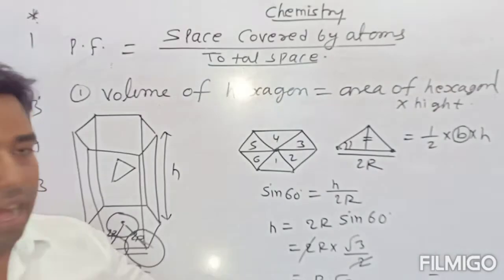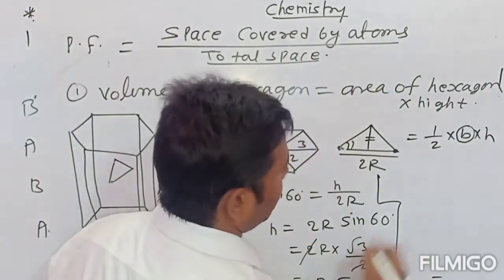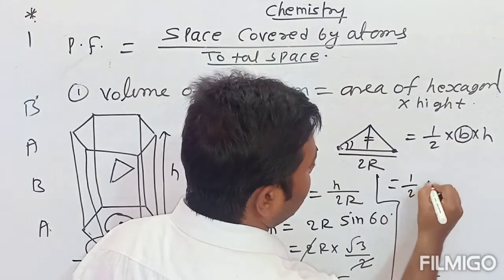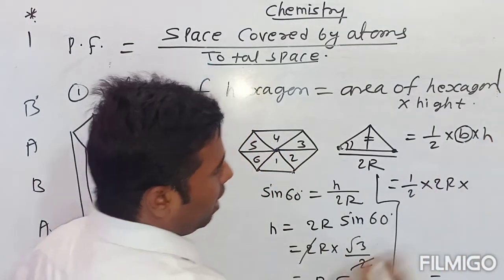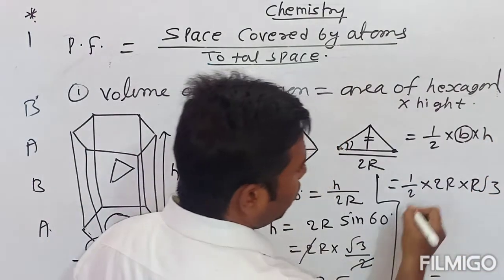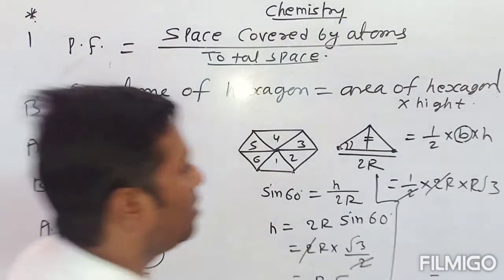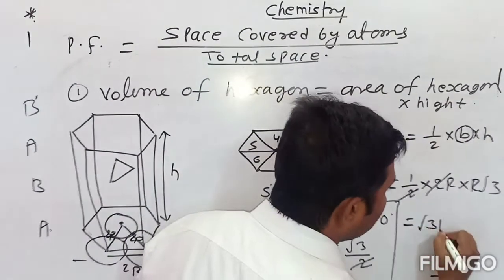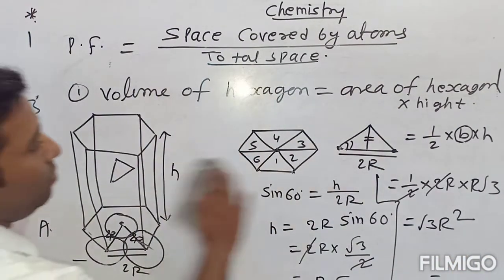This is the height. Now the area is equal to 1 by 2 into base, the base is 2r, into height r root 3. So you can calculate the area of one triangle is equal to root 3 r square. Any problem? Clear?